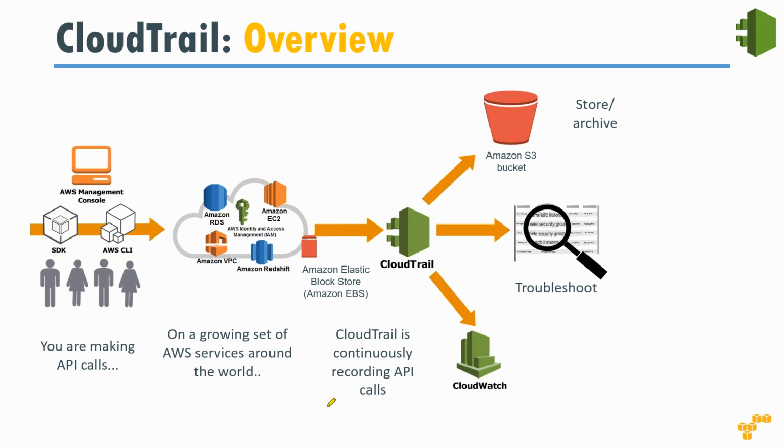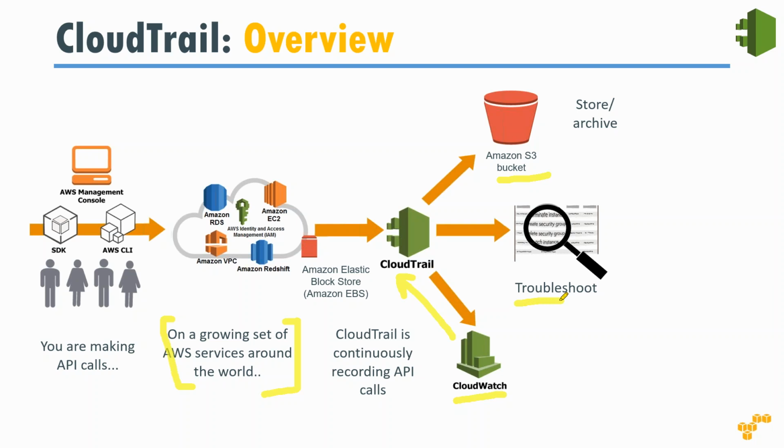Everything gets logged. So you are requesting multiple services in the AWS account, and all these services send a notification to CloudTrail, and CloudTrail in turn will store the logs in your S3 bucket. You can possibly configure CloudWatch to monitor these log events in CloudTrail, and then you can trigger alarms, and it also helps you to troubleshoot when something goes wrong.